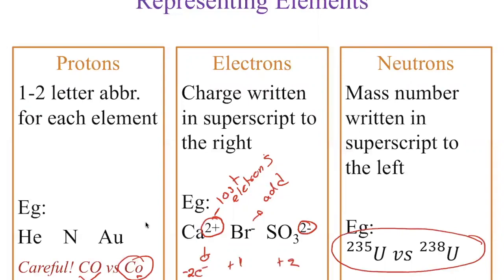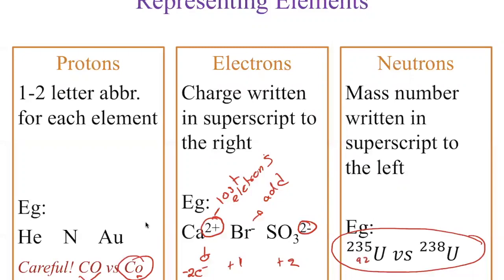Now, sometimes you're going to see it represented here. What this is saying is the atomic number is not going to change. The atomic number will always be the same, because remember, if we start changing atomic numbers, we start changing the element. So that's not going to change. But what does the number at the top mean? That means that the mass is different. And remember, U is 92.